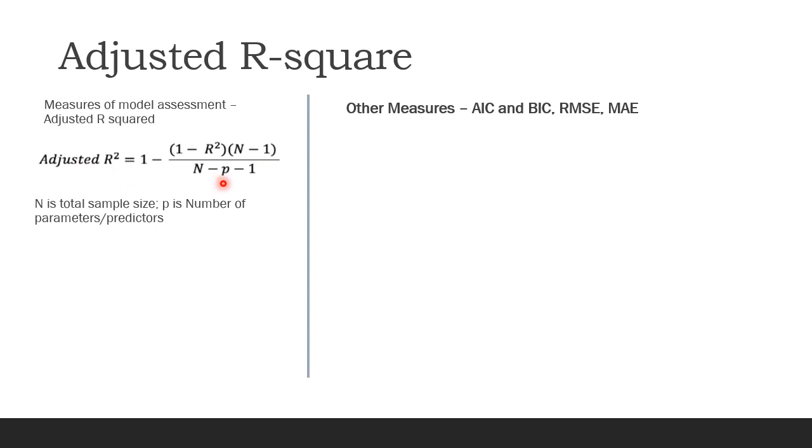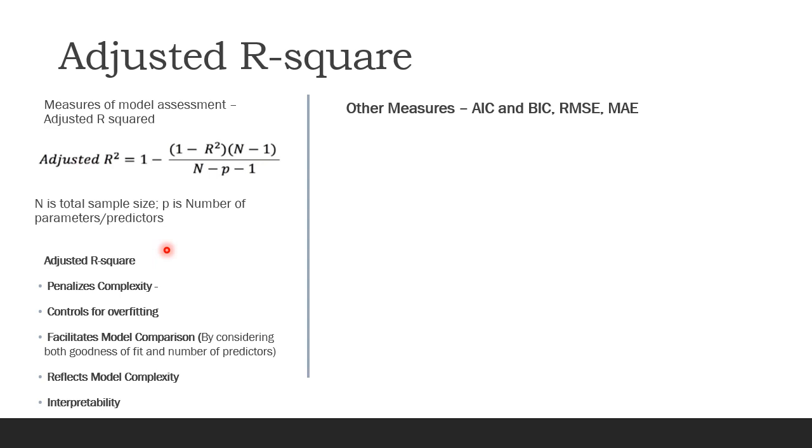In the R square formula, P gets adjusted, giving us an adjusted R square. This P, when it has a high value, will get deducted from n. So we are reducing a higher value from n, which means this will be low. This will be low means this part will be high. When this part will be high, we are adjusting this R square to a new calculation.